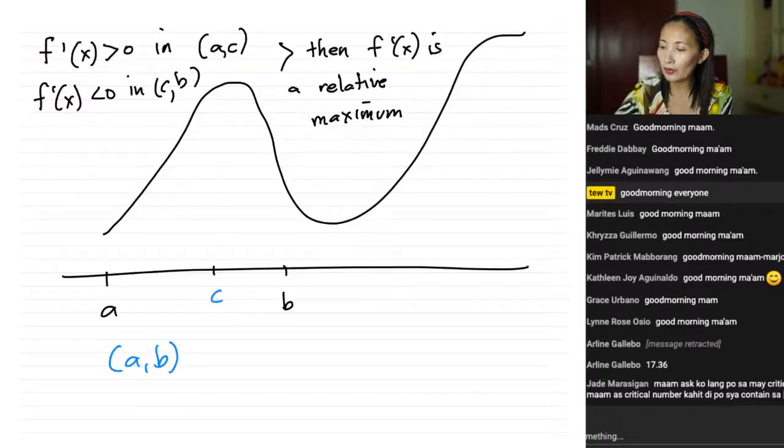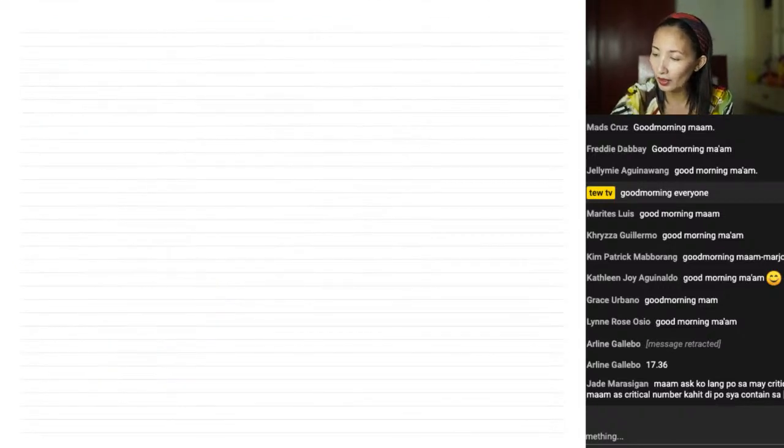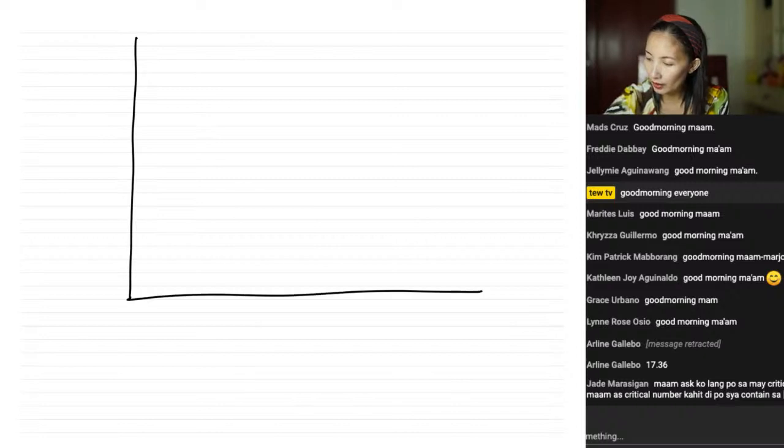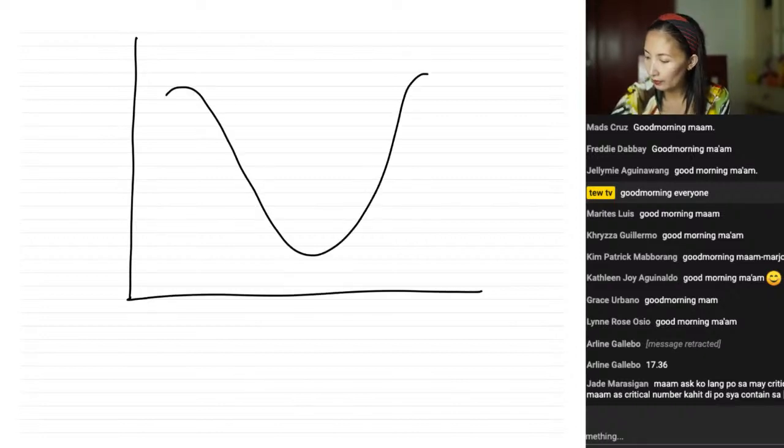Let's look into this part of the graph, or let me draw another curve. Say A, B, and C is here.